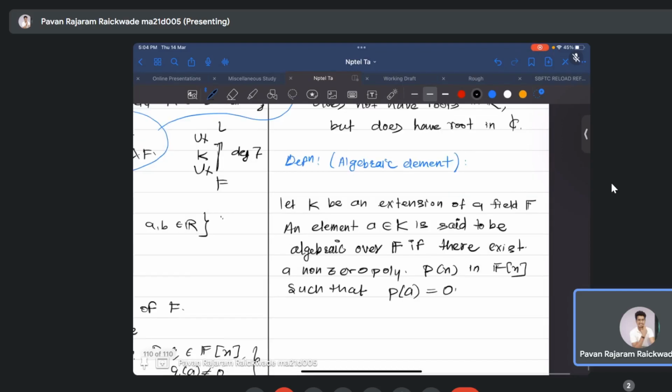So basically, a has to be a root of a polynomial in F[x]. Then you call that element an algebraic element.